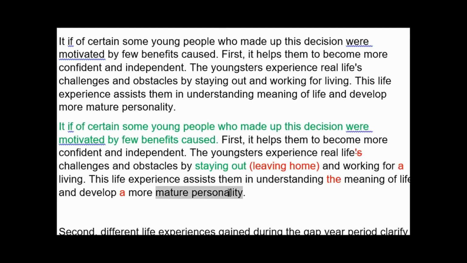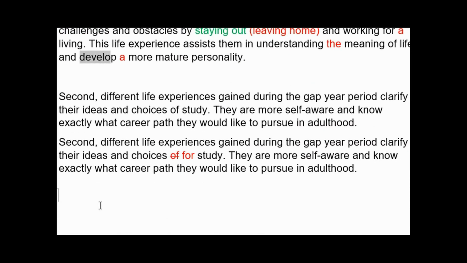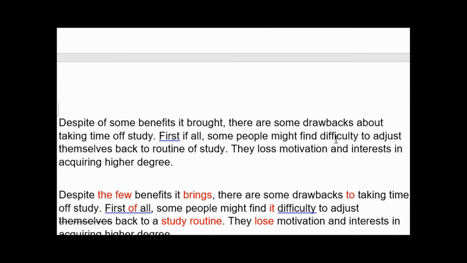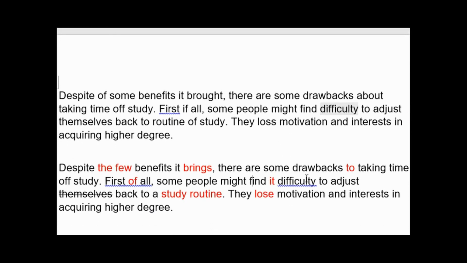We do have phrases like mature personality, which is tied together with develop. Pursue, that's a good word to use. But then here, find it difficult. Here is it find difficulty.